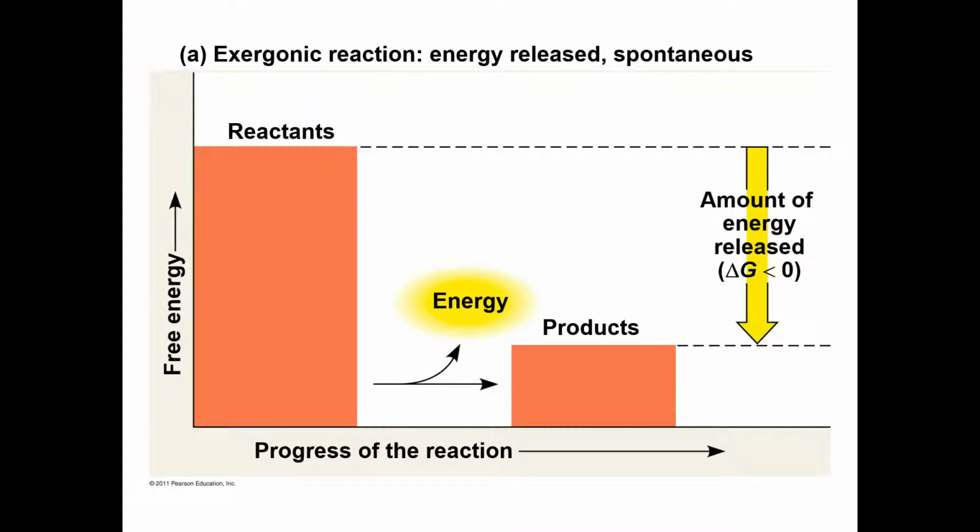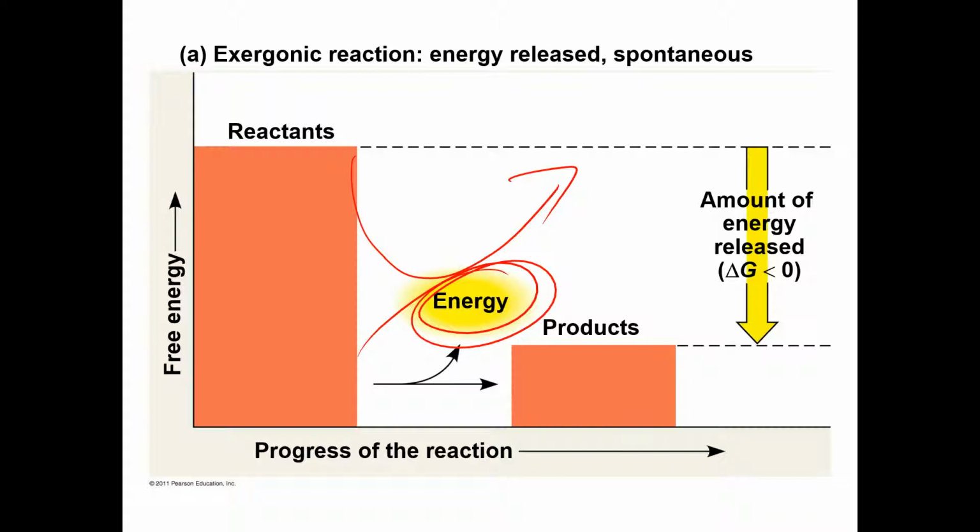Now, looking at these exergonic reactions, here you're looking at the amount of free energy. This is just a generalized reaction. Your reactants have a higher amount of potential energy than your products. As a result, you're going to be releasing energy in the process through this chemical reaction.